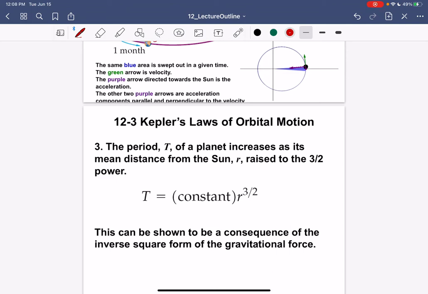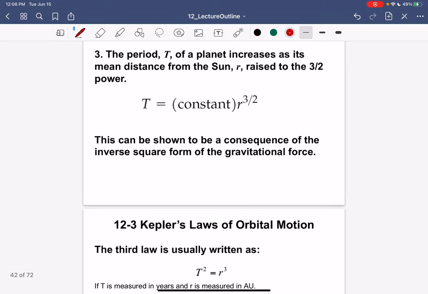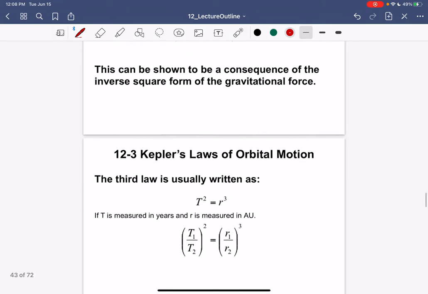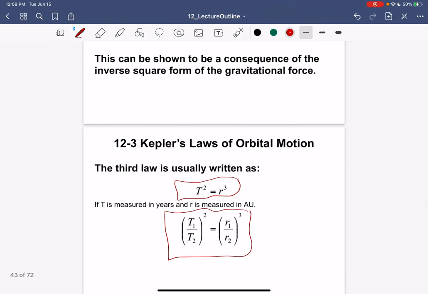This can be shown to be a consequence of the inverse square law of the gravitational force, and it can be used in a simple way: T1 over T2 all squared equals R1 over R2 all cubed. Here T can be measured in years and R in AU. We don't have to convert, since the units cancel.